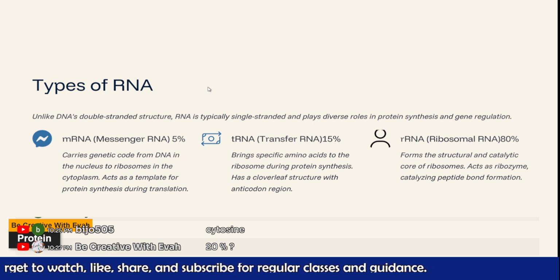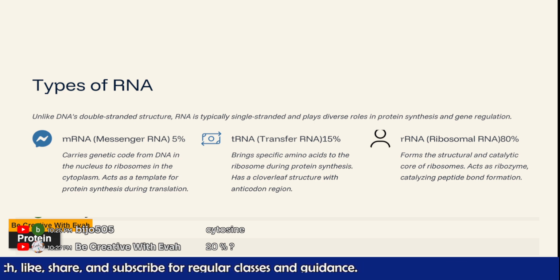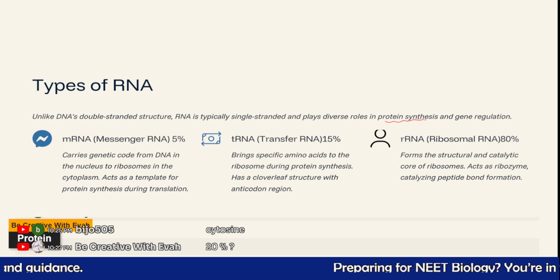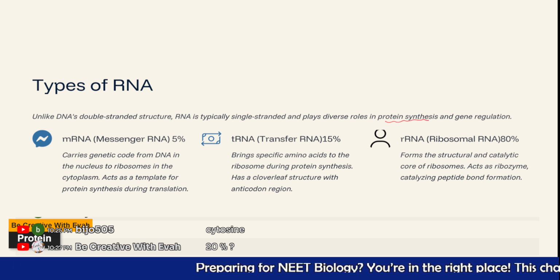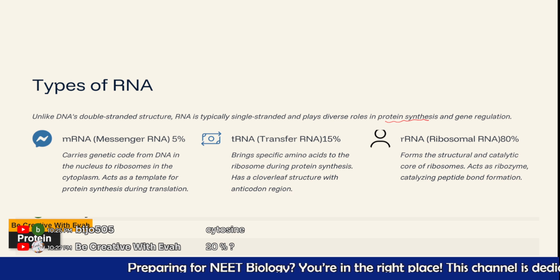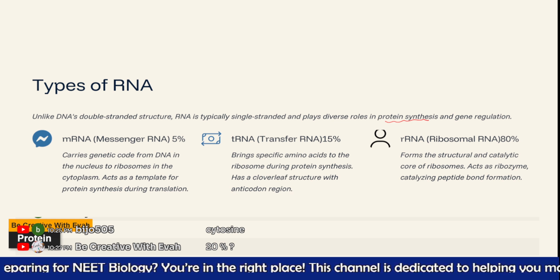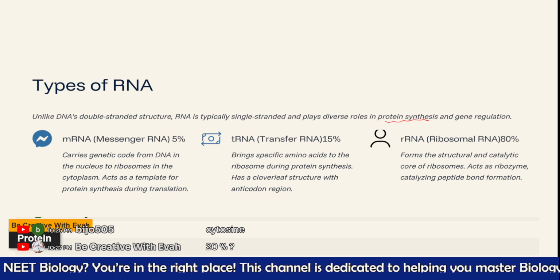Coming to the next topic, RNAs. We know that RNA is a single stranded structure and it is mainly involved in protein synthesis, and also in gene regulation. Here we just discuss the different types of RNA, not much explanation.